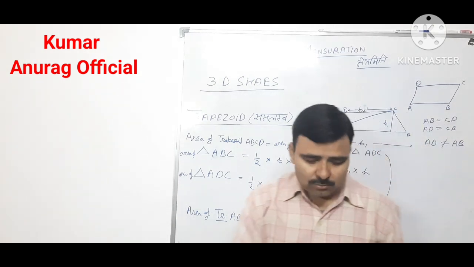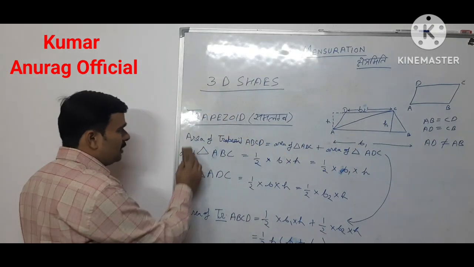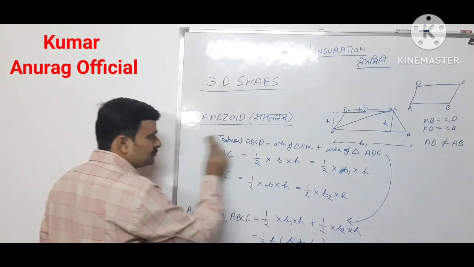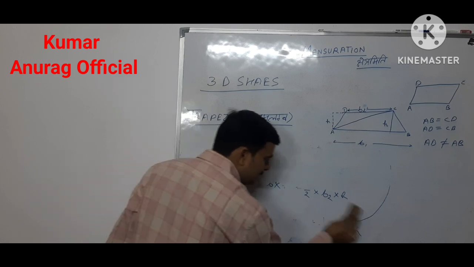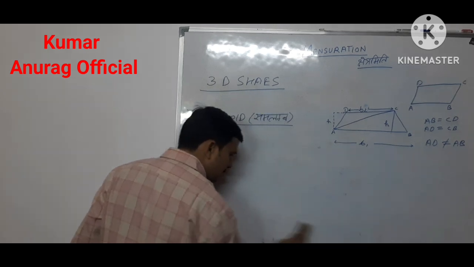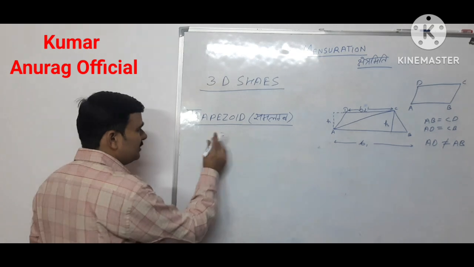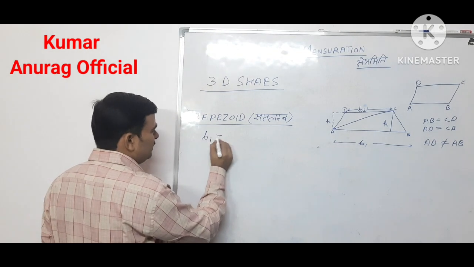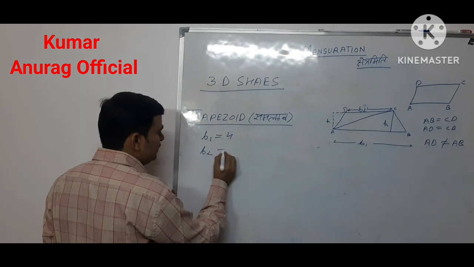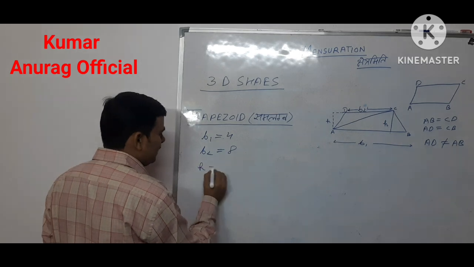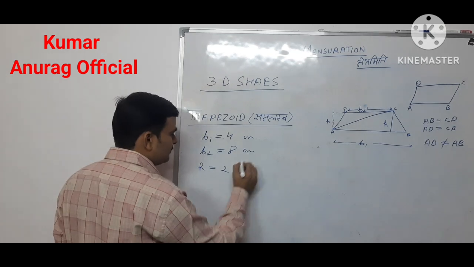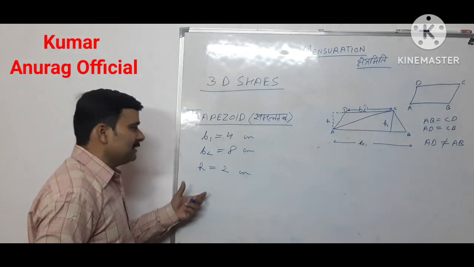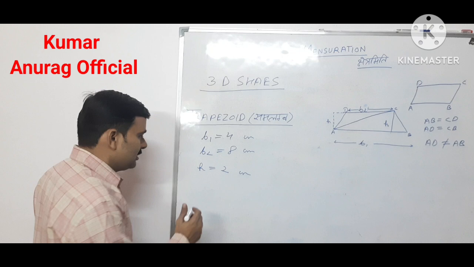Okay. Now suppose we have a problem where we want to find the area of a trapezoid, and we are given that B1 is equal to 4, B2 is equal to 8, and height is 2 centimeters. Then we can easily find the area of the trapezoid. How will we find it?